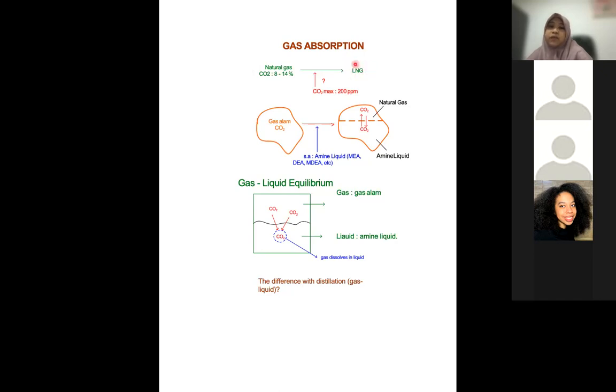Because we have to liquefy the natural gas at a very low temperature, if it contains CO2, the CO2 will solidify first as ice, as dry ice, and then it's gonna block the pipeline. Okay, so we don't want that. So that means if we have a natural gas containing CO2, we have to reduce the CO2 to a maximum of 200 ppm.